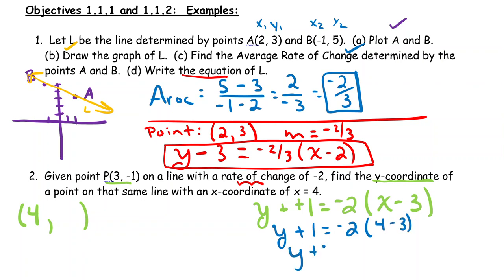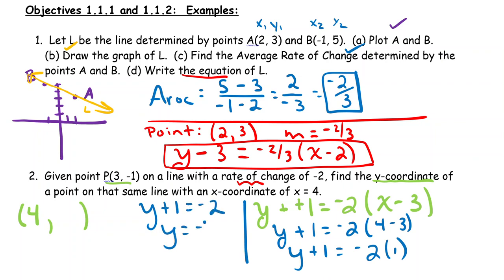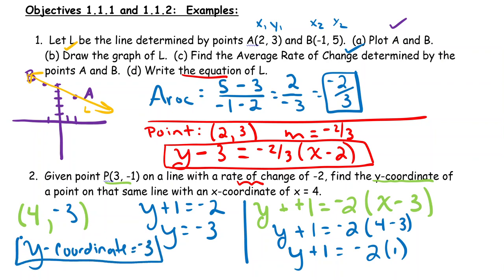So I get y plus 1 equals negative 2 times 1. I'll finish my work over here on this side. y plus 1 equals negative 2, and then y is negative 3. And that would be my y coordinate. So my y coordinate equals negative 3. And that's it.